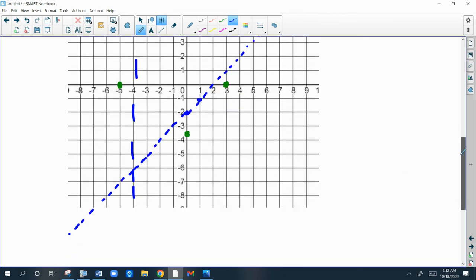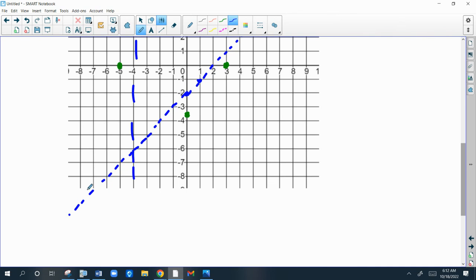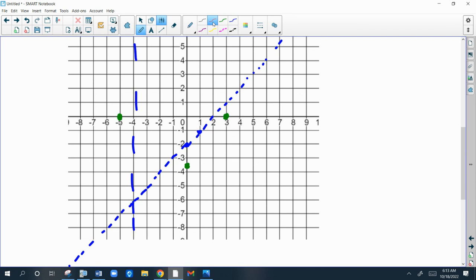You start on the very left of your slant or horizontal asymptote and start graphing based off all the other points. So I know for a fact that the graph is going to approach the slant asymptote on both sides here. So I'm going to start from the left.